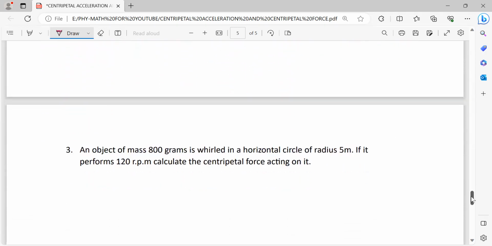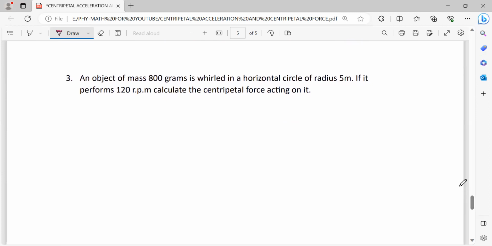Next, number three: an object of mass 800 grams is whirled in a horizontal circle of radius 5 meters. If it performs 120 RPM, calculate the centripetal force acting on it.